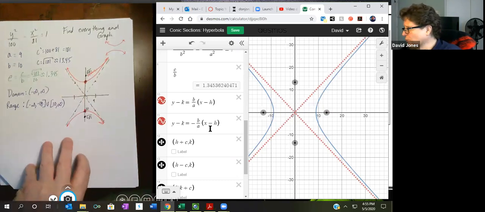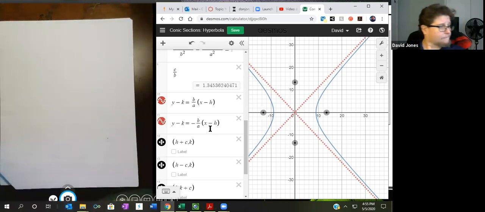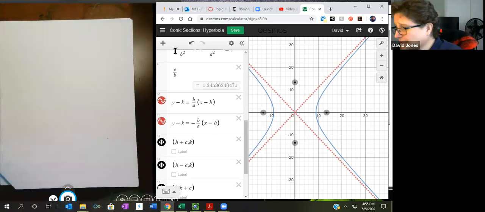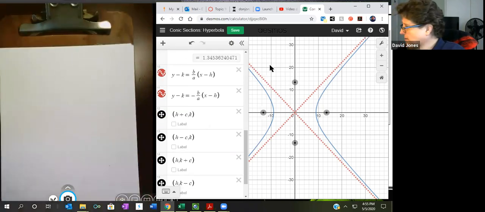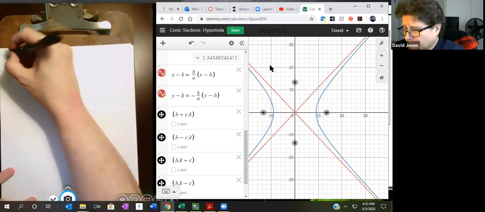All right, let's do one more type of problem. We're getting near the end of the material you're going to be tested on. So find the equation for the hyperbola.